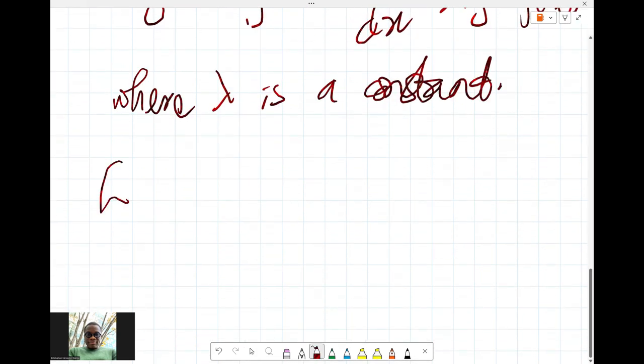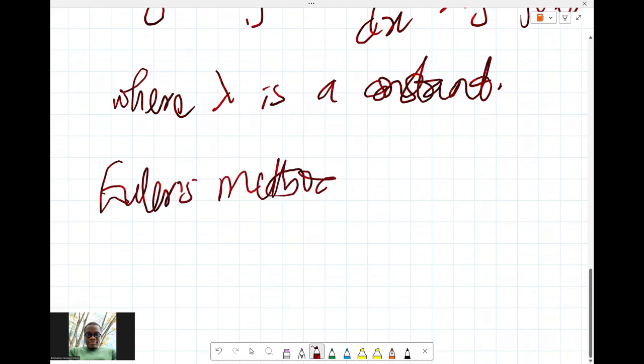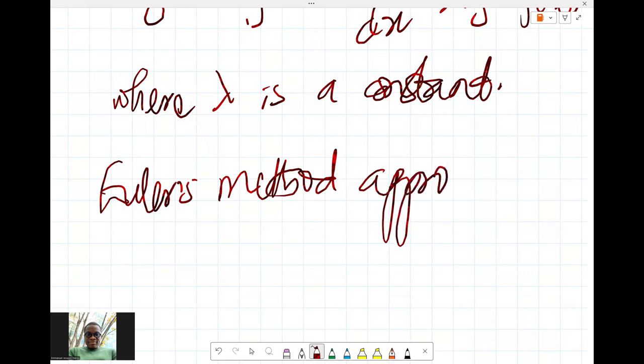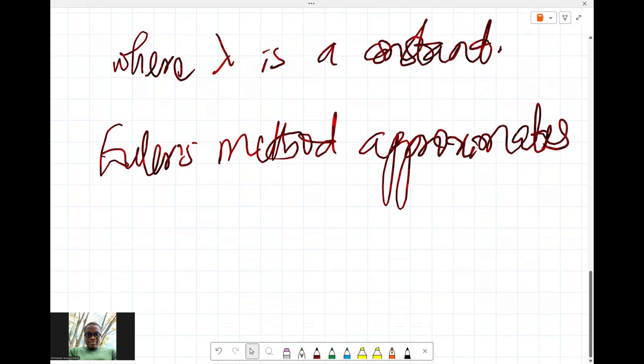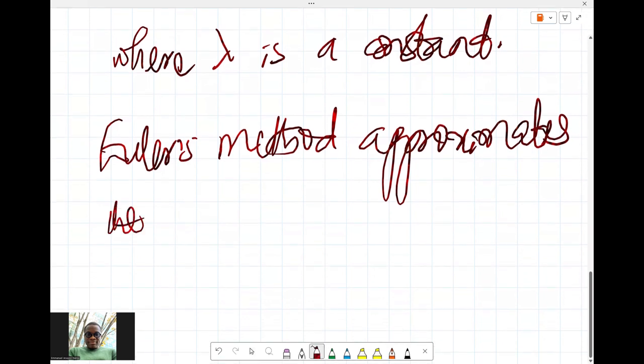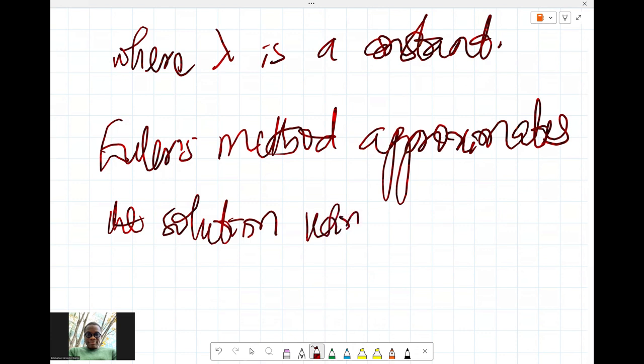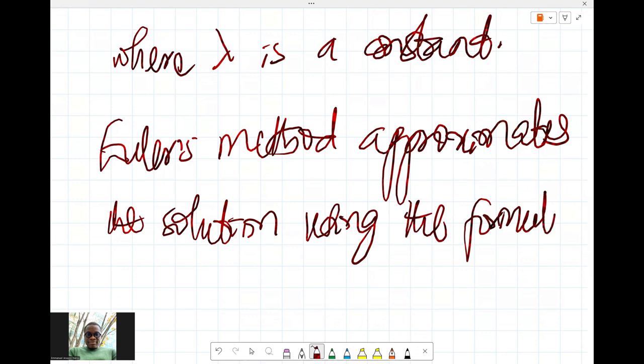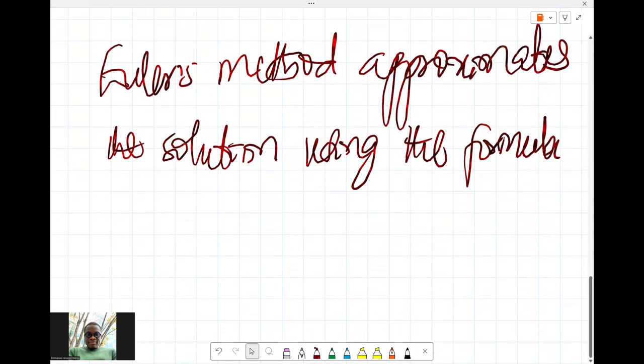Okay. So Euler's method approximates the solution using the formula y_{n+1} equals y_n plus h lambda y_n. We've used this in the past already.